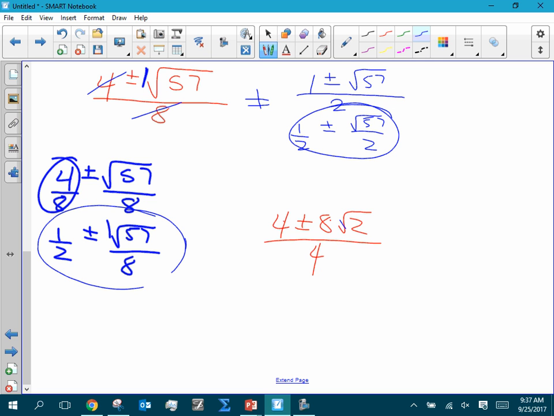Anything under the radical, if it's simplified, it's locked underneath it. You can't cancel. Remember that radical is a symbol for another number, and that 2 doesn't have a perfect square inside it that can cancel this 4. So don't cancel radicals. Just cancel the constants or the coefficients outside.